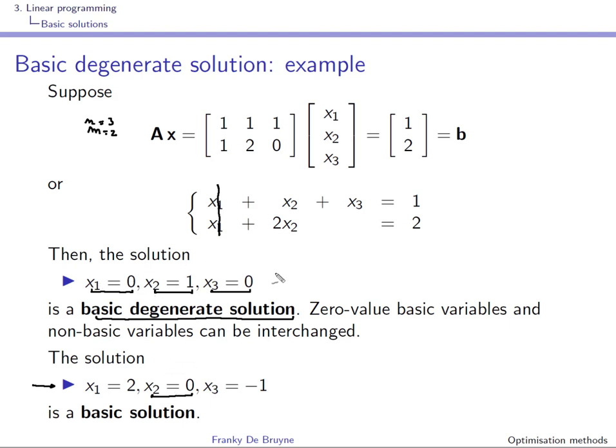As you can see over here, all components are non-negative, so this will be a basic feasible degenerate solution. In this basic solution, the third component here is negative, so this will not be a basic feasible solution.